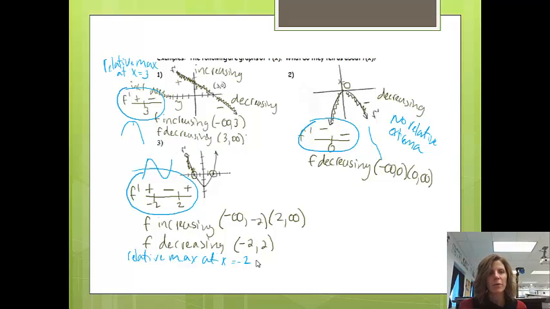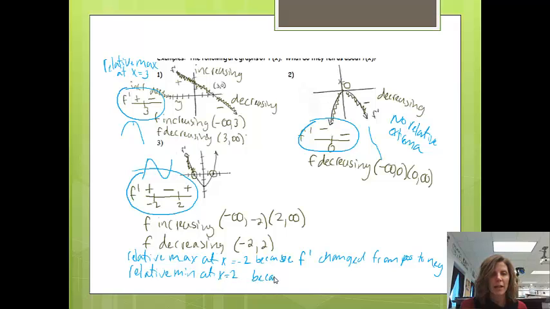And the next thing that we always want to do, and I forgot to do that on number 1, is we want to write a because statement to justify our answers. So why did I decide that this was a max? I decided it was a max because f prime changed from positive to negative. Okay, and then I noticed since the function went down and then back up at x equals 2, there was a relative min. So there's a relative min at x equals positive 2, and again, we're going to always justify it's because f prime changed from negative to positive.